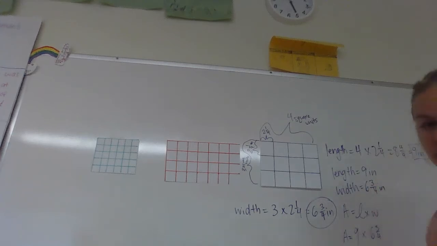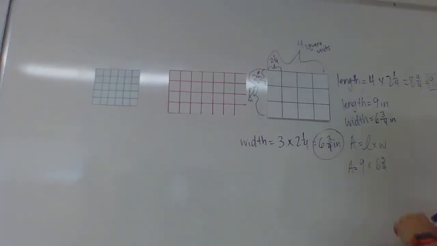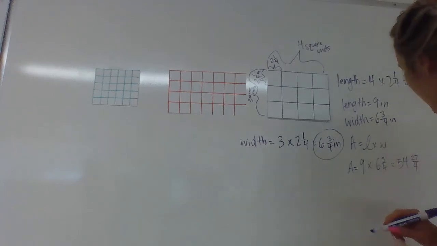So now we've got to multiply these. 9 times 6 is 54. And then 9 times 3/4 is 27/4. We can reduce this because 27/4 is an improper fraction.